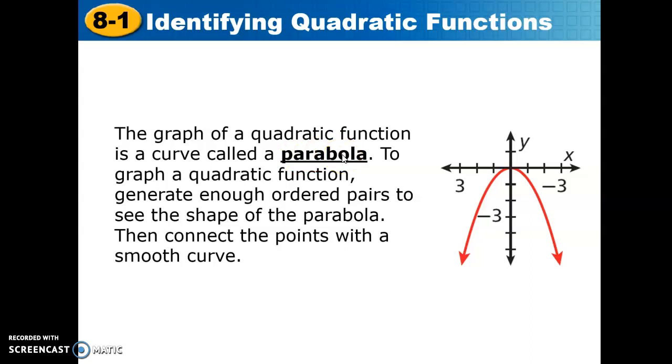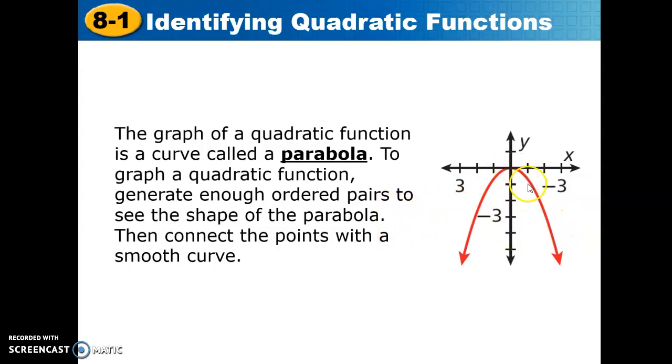So right now, what we're going to do to graph this is just come up with enough ordered pairs. That's where we do our t-chart, and we pick random x's, plug them in, find our y's, just like our function machine, and graph those points. Then you connect them with a nice smooth curve that looks symmetrical.